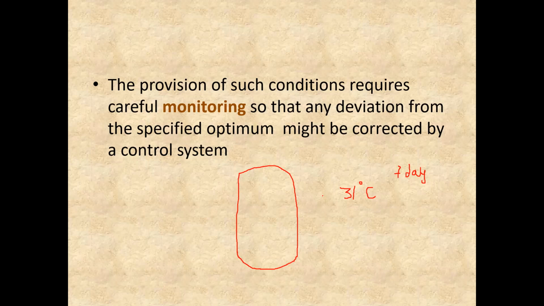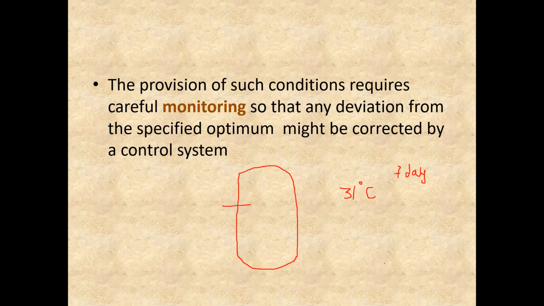So let's say you have a monitoring system, a thermometer or a thermistor, which is in constant contact with the broth, and it monitors the temperature of the fermentation or the temperature of the broth or medium during those 7 days. This monitoring system, which is thermometer or thermistor in this case, will tell you that the temperature is 31 during the 7 days.